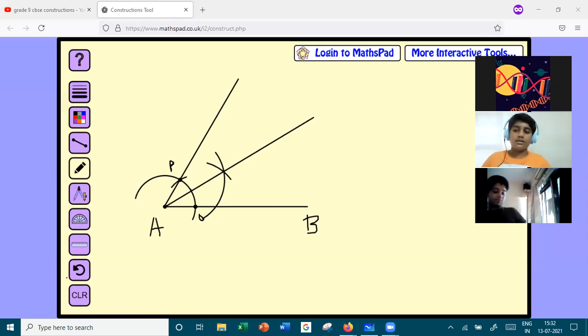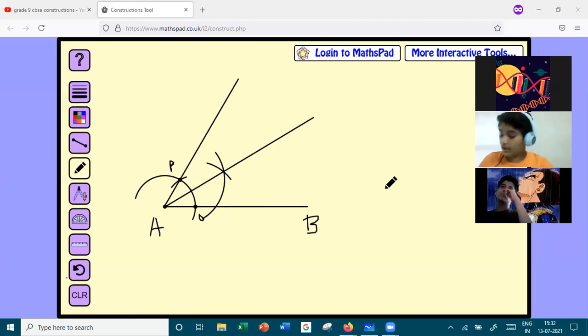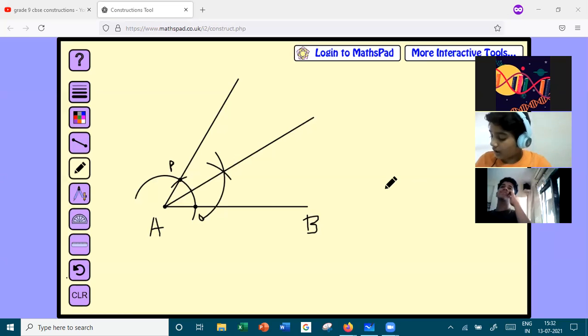Ma'am, for bisecting 60 degrees to get 30 degrees, I did not do it that way. We had our first arc, and from point O we made a second arc for 60 degrees. That arc only I continued forward and extended to some point, and then from P I made a cut.